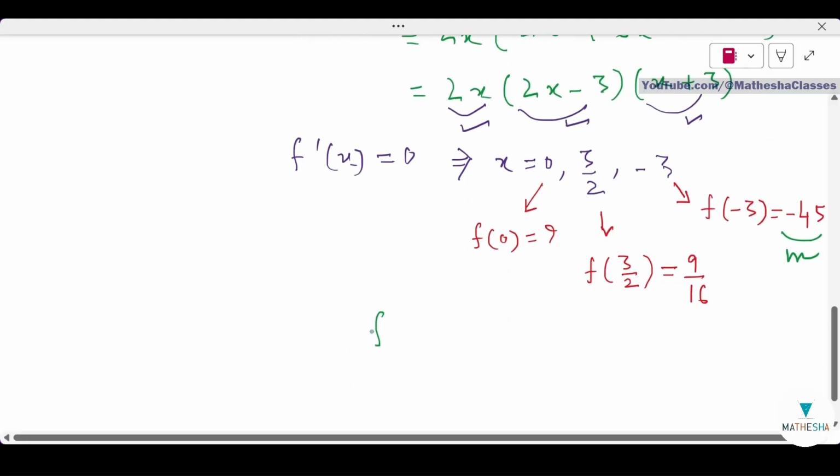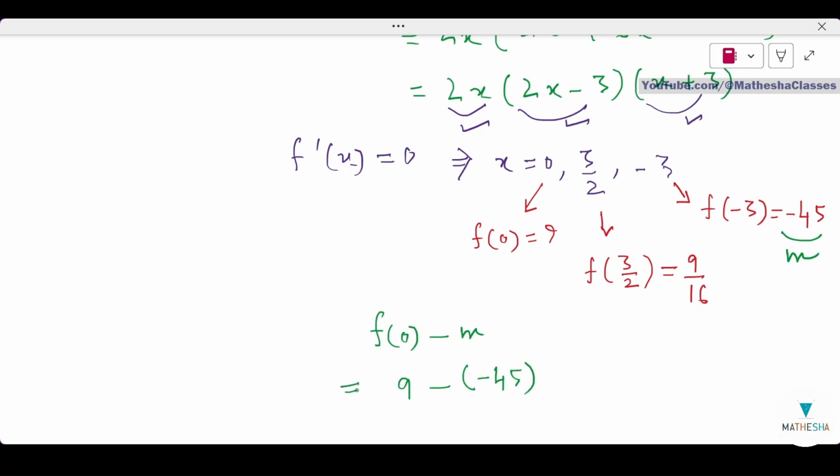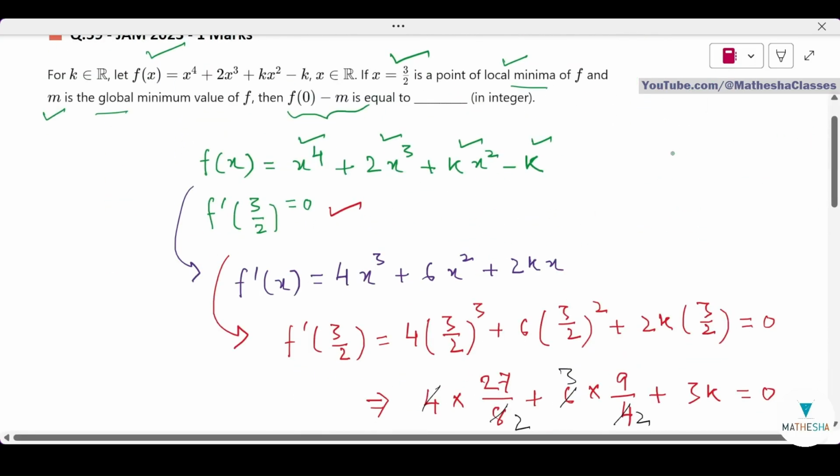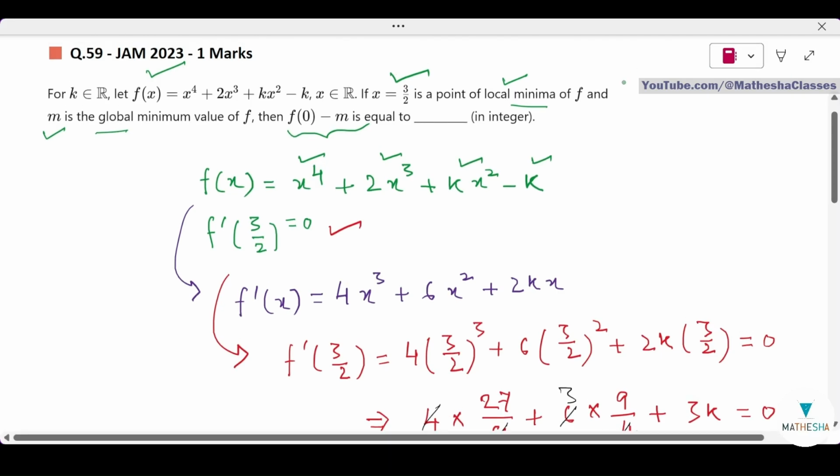The value of f(0) is 9, minus m means minus of minus 45. So that is 9 plus 45. Okay, so the answer is 54. So f(0) minus m is equal to 54.